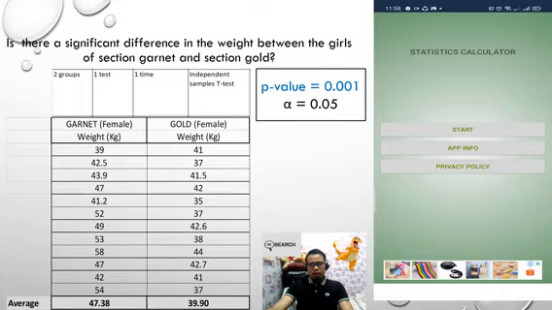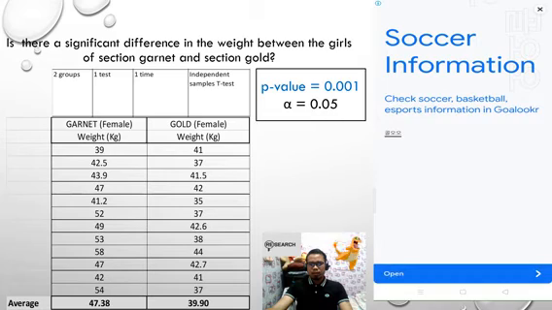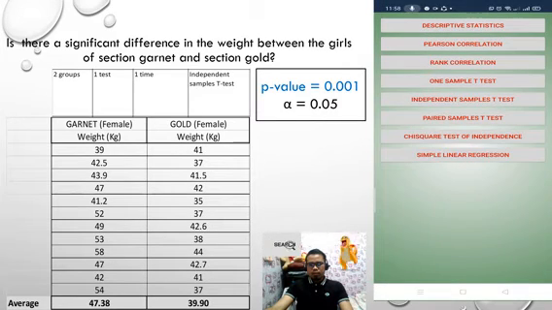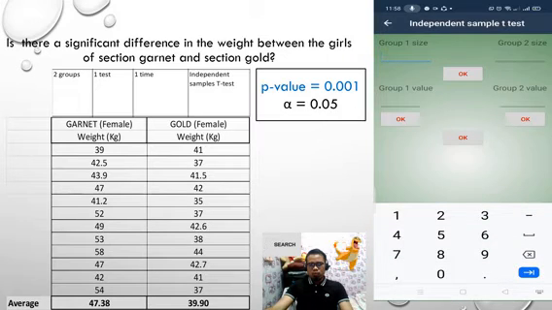Okay, so I hope you have with you your statistics calculator. Open your statistics calculator and click start. So again, that's the independent samples t-test. We have two groups. Group 1 has 12 participants, and group 2 has 12 participants also.